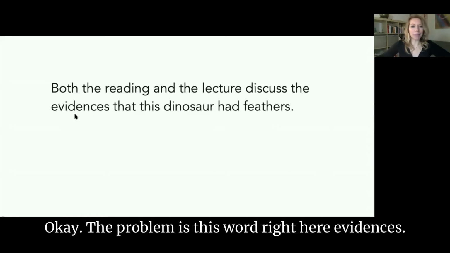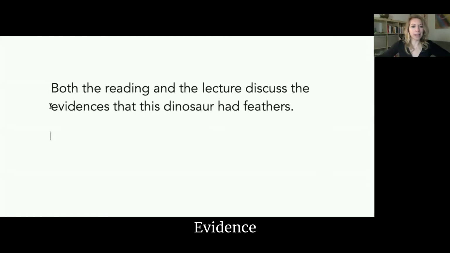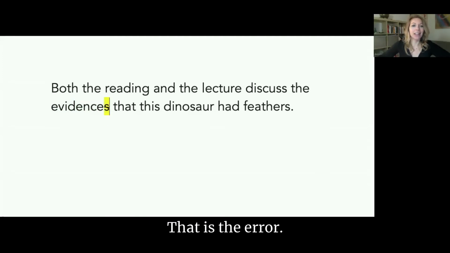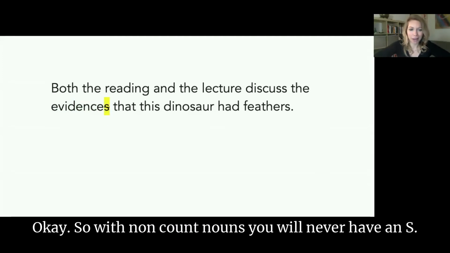Okay, the problem is this word right here, evidences. Evidences is a non-count noun, so it will never ever have an S at the end. That is the error, okay?